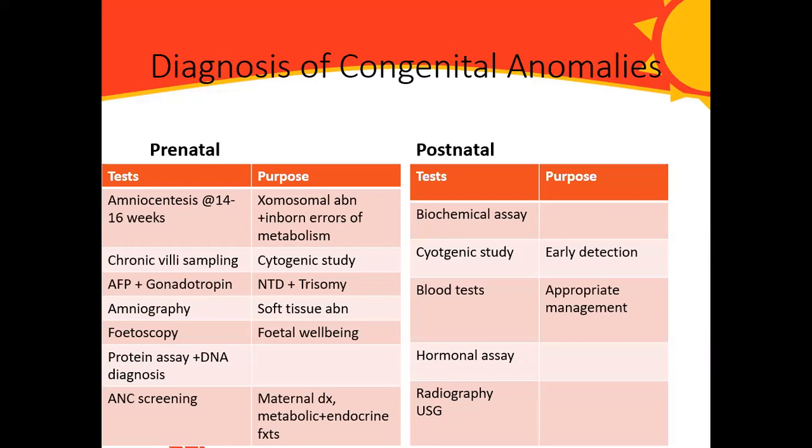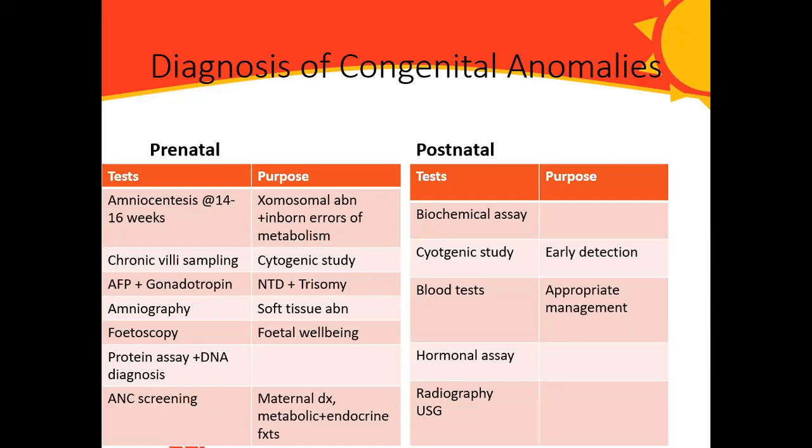Amniocentesis at 14 to 16 weeks of gestation can give us an insight into chromosomal abnormalities and inborn errors of metabolism. Chorionic villus sampling can be used for cytogenetic study, and alpha-fetoprotein and gonadotropin assay can be used to make a diagnosis of neural tube defect or trisomy.